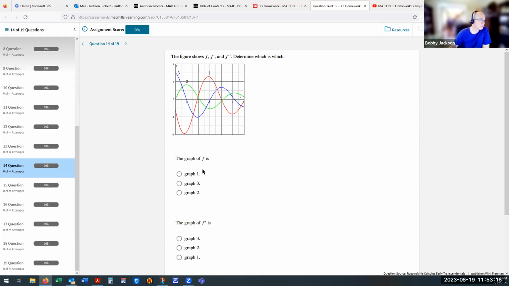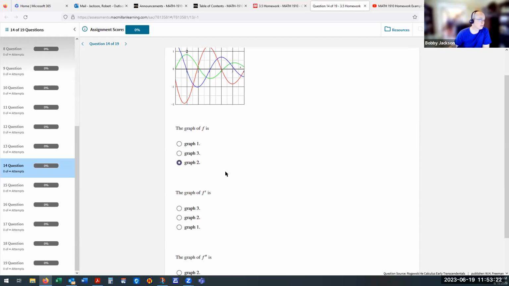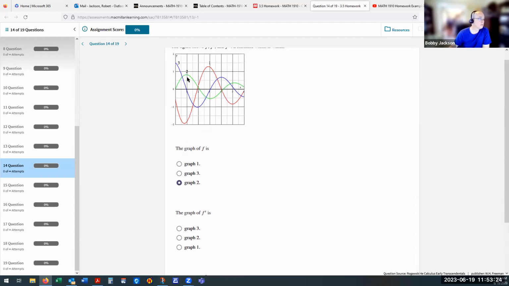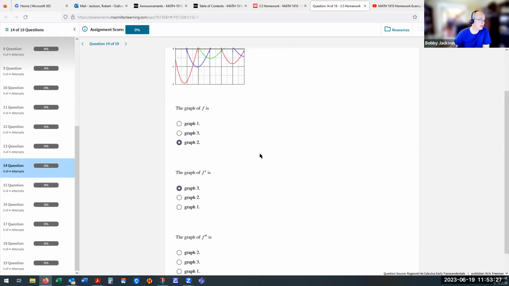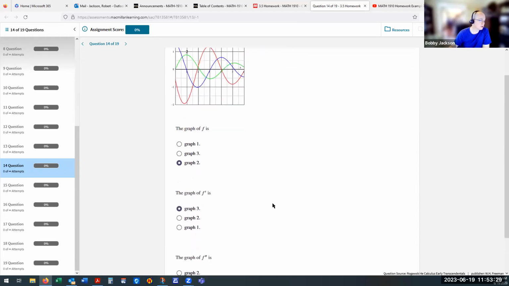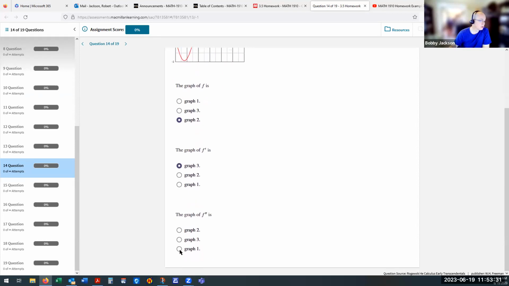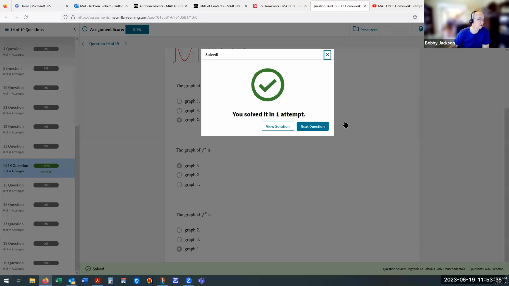So 2 is the graph of the function f, f prime is graph number 3, and f double prime is the red one, or graph number 1. Let's hope that I got that right with all that. Yay. Okay, hope this is helpful for this problem.